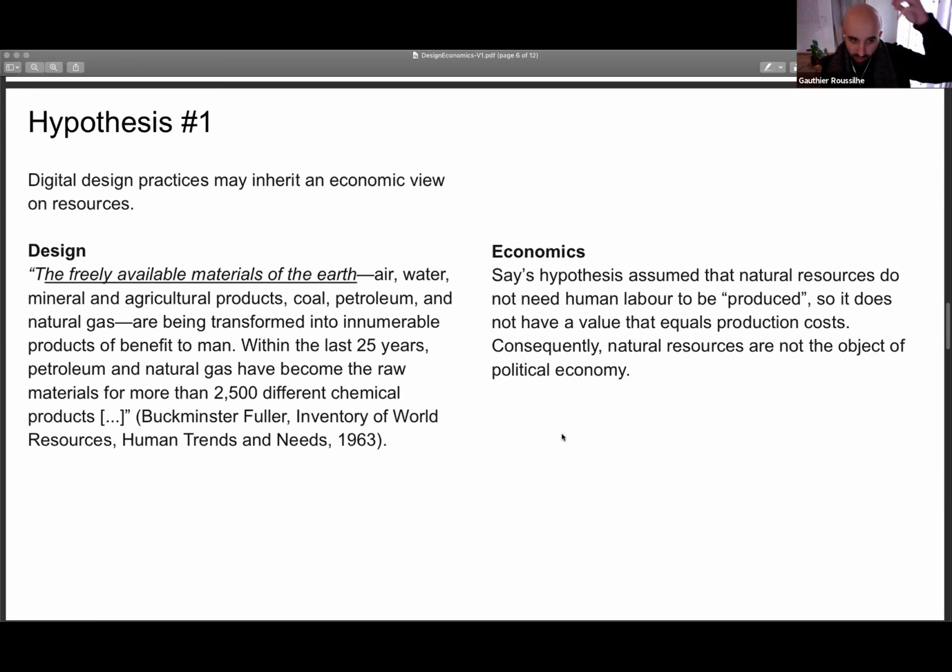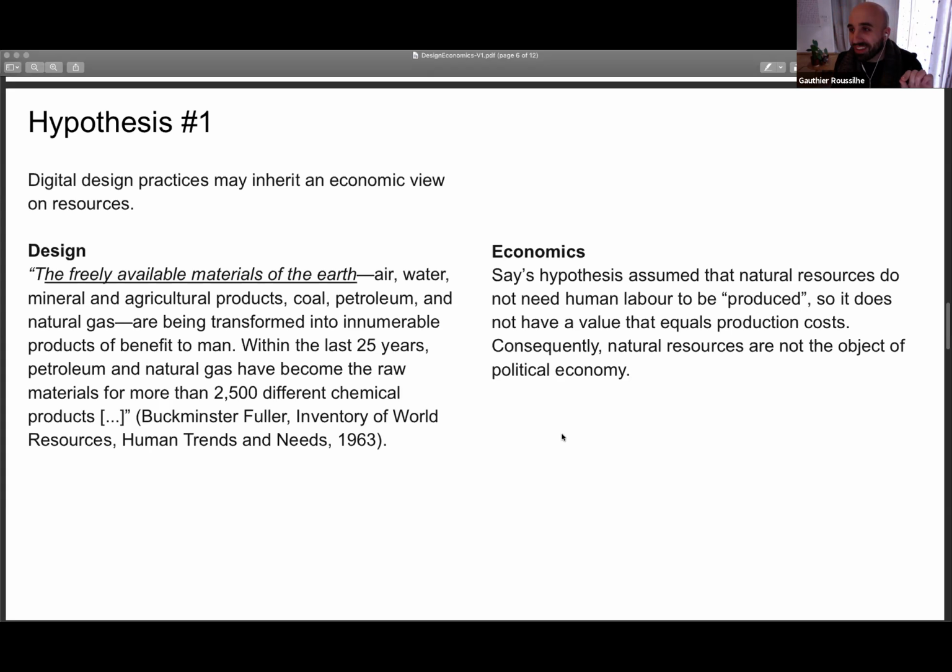And the first book that I found in the design realm looking really at natural resources was the one by Buckminster Fuller. There was this weird sentence, especially the part I've underlined, which was really interesting for me: to assume the freely available materials of the earth.